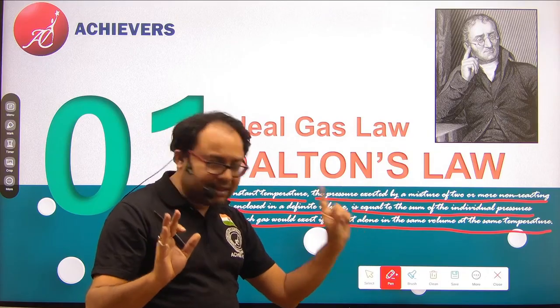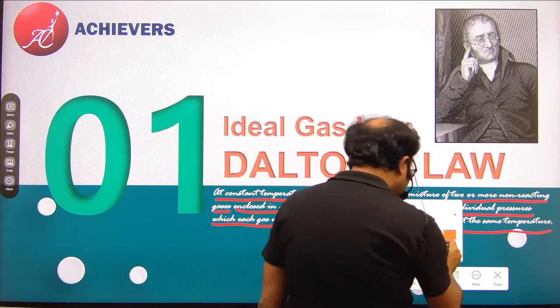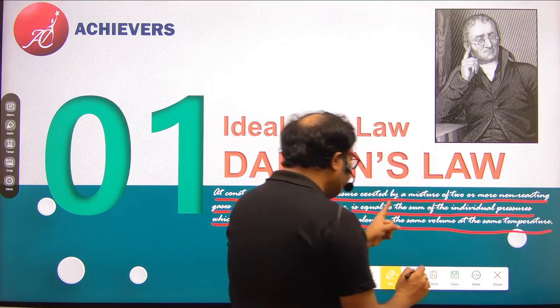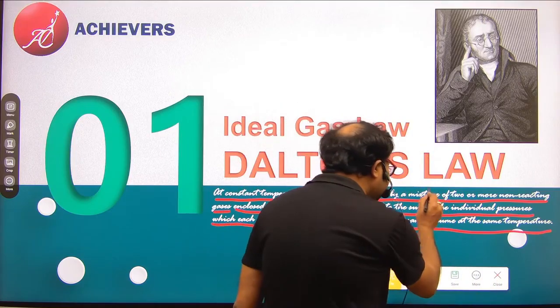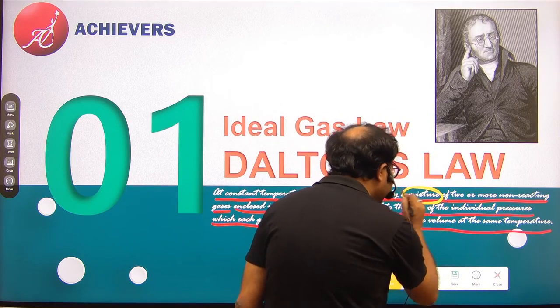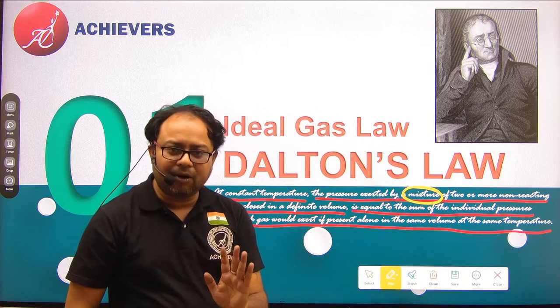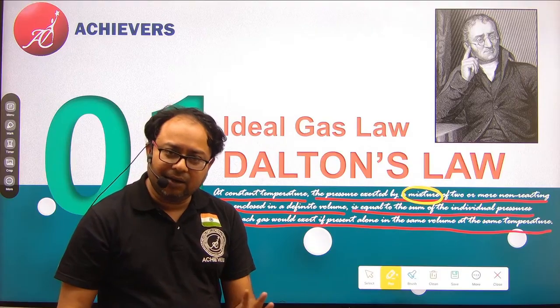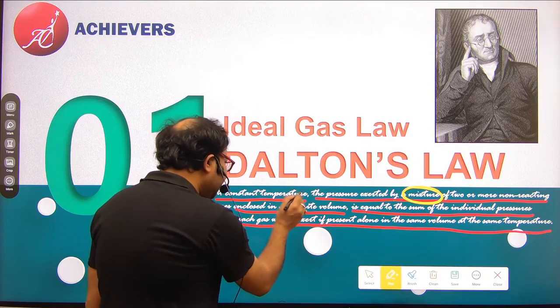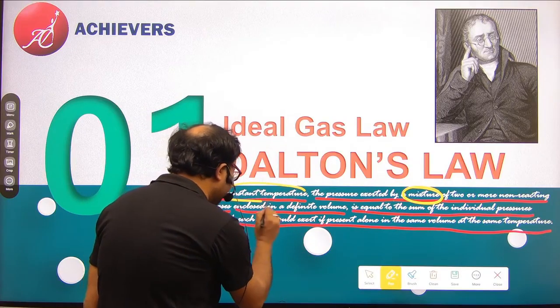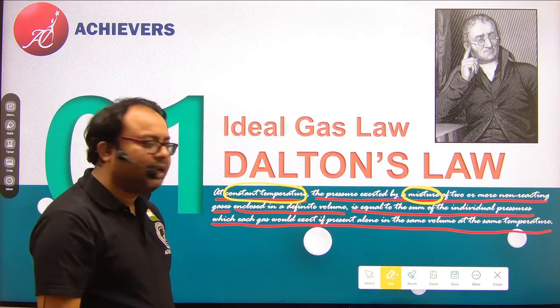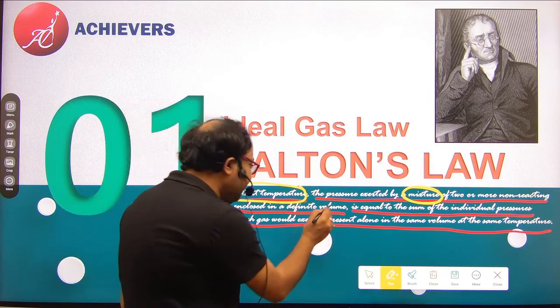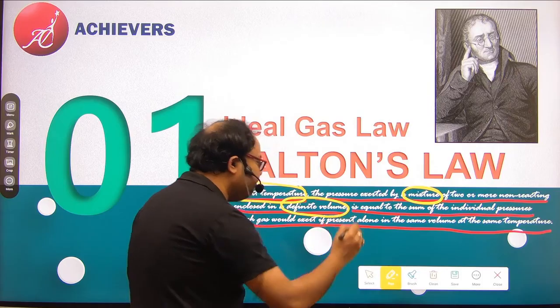Just we have seen that here we are dealing with a mixture of gases. This is very important. It's a mixture of gases, and these gases are ideal. And what you have maintained? You have maintained constant temperature, and you have maintained definite volume or constant volume.